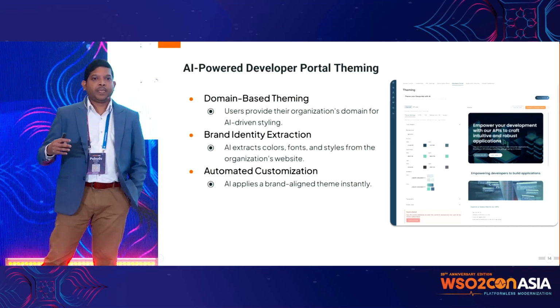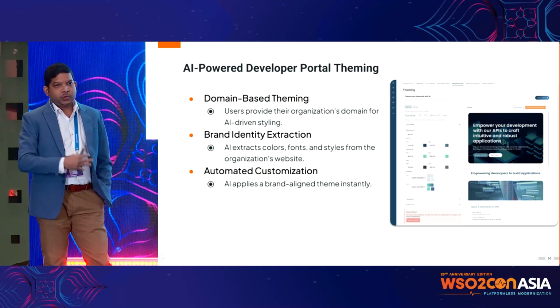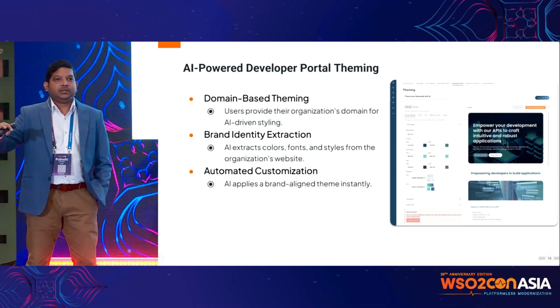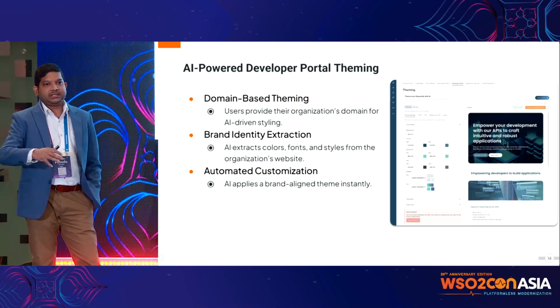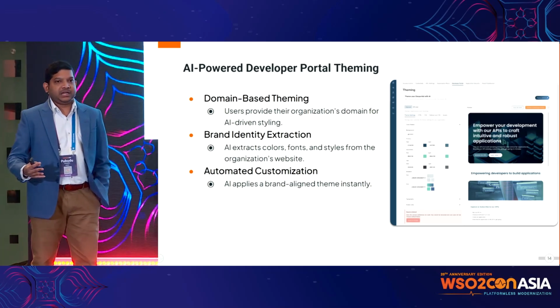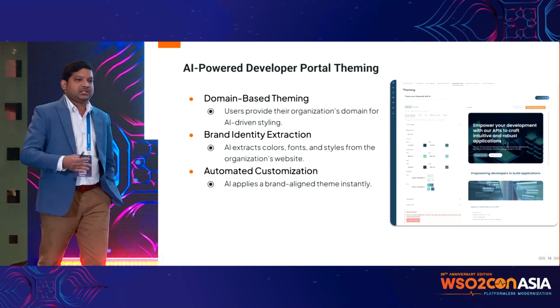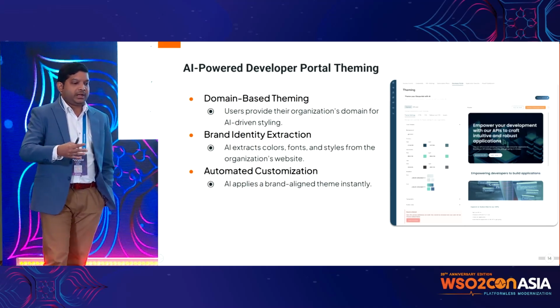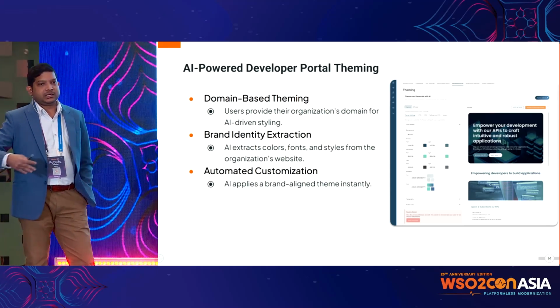Basically, we will go through your website and figure these out, and then on top of that information, we apply the same configuration to the developer portal theming as well. So you don't need to invest time on this. You can get the help of AI and start from there.